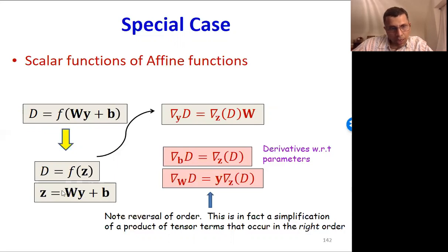So again, using the chain rule, the derivative of d with respect to y is going to be the derivative of d with respect to z times the derivative of z with respect to y. Which gives you this equation over here: the derivative of d with respect to y is the derivative of d with respect to z, times w. W, because the derivative of z with respect to y, as we saw earlier, is simply the matrix w. So this is something that's easily derived.